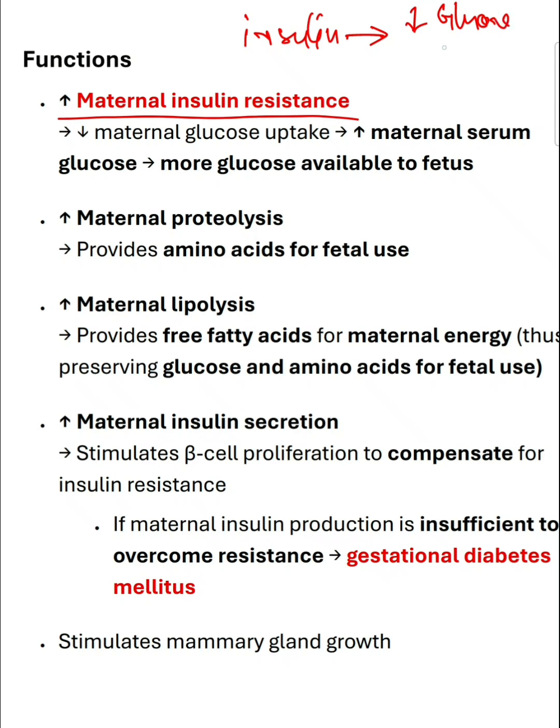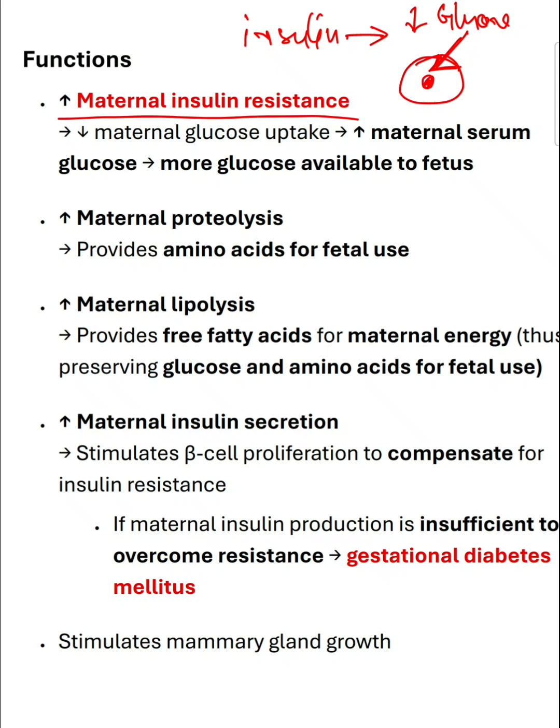And the way it does is it helps glucose to move into the cell. By facilitating glucose entry into the cell, it helps the body utilize the glucose. So that is a key function of insulin.